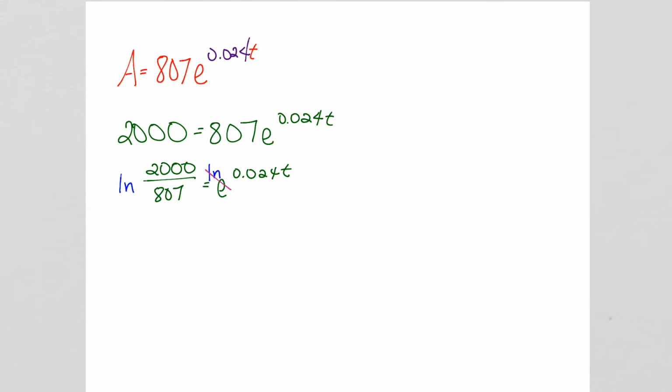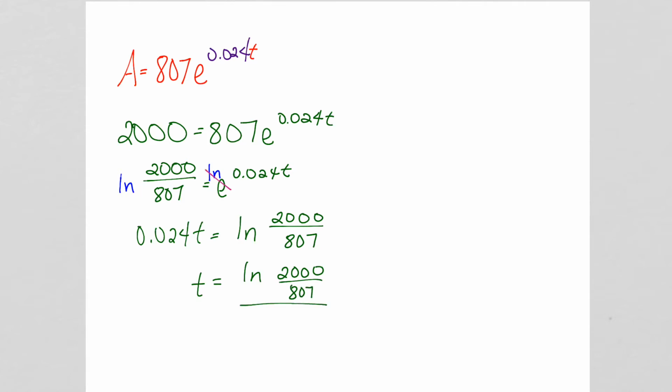That gets rid of the e. So we have 0.024t is equal to the natural log of 2,000 over 807. Divide both sides by 0.024, and we have the natural log of 2,000 over 807, all divided by 0.024. And that gives us about 38 years.